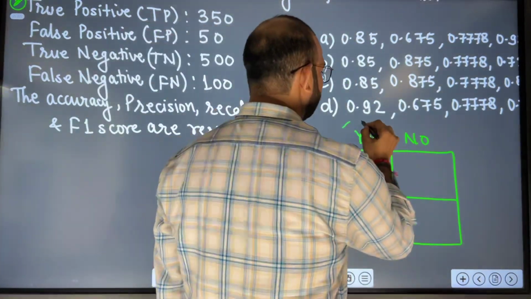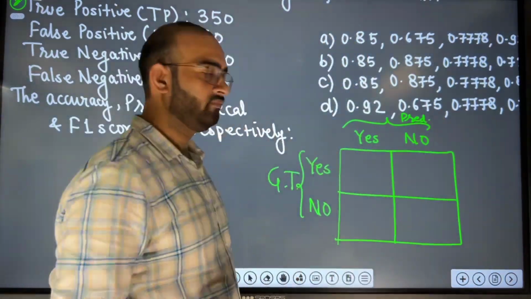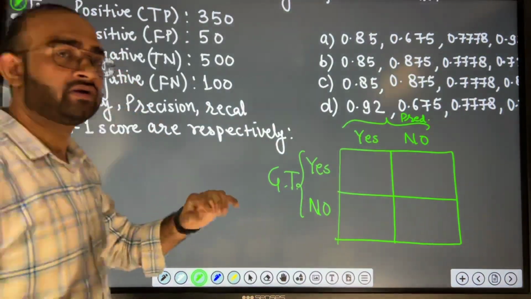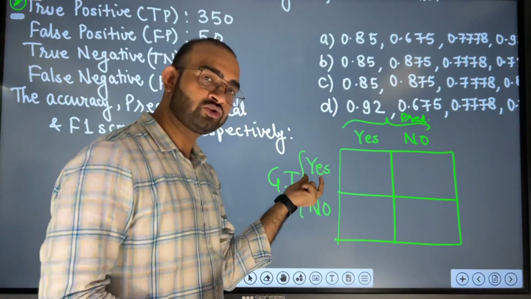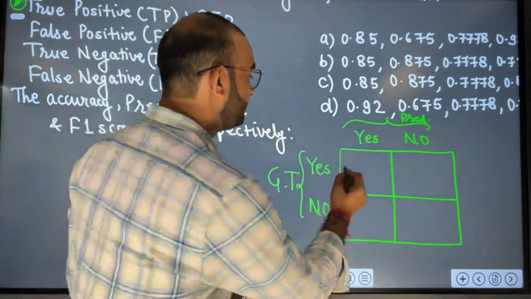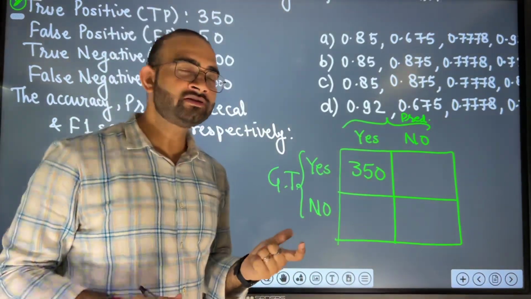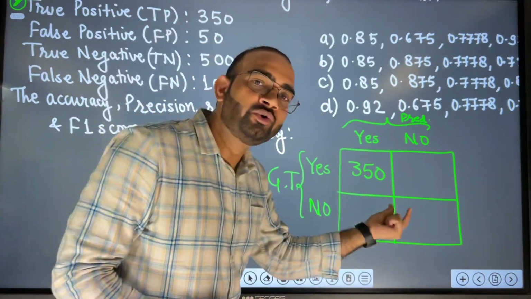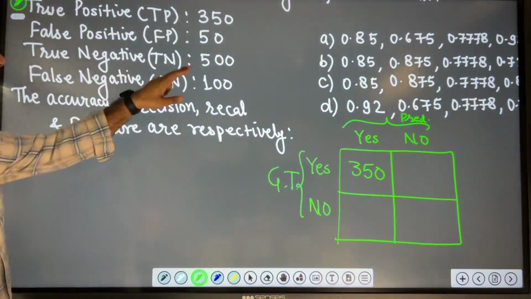So this is your model prediction. True positive means whatever the model predicted as yes and the ground truth is also yes, then we can say that this is true positive. So this value is given as 350. And true negative means the model prediction is no and the ground truth is also no. So that is your true negative. True negative is 500.